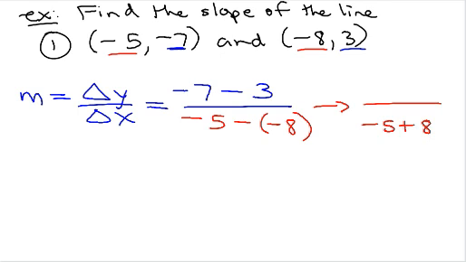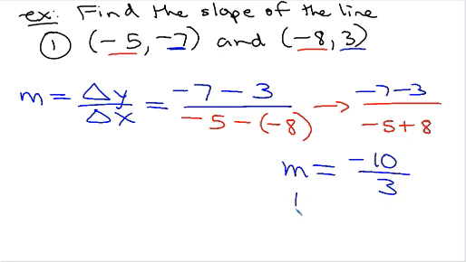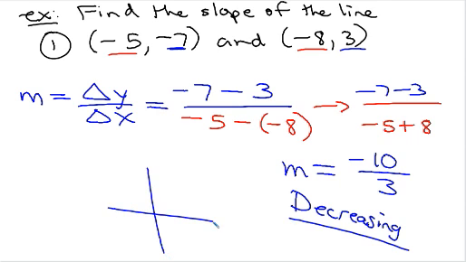The top, of course, is -7 minus 3, and the slope of this line is -10/3. And we would say that this line is decreasing. Wouldn't we? It has a negative slope. The negative slope tells me that the line's going down like this, somewhat.